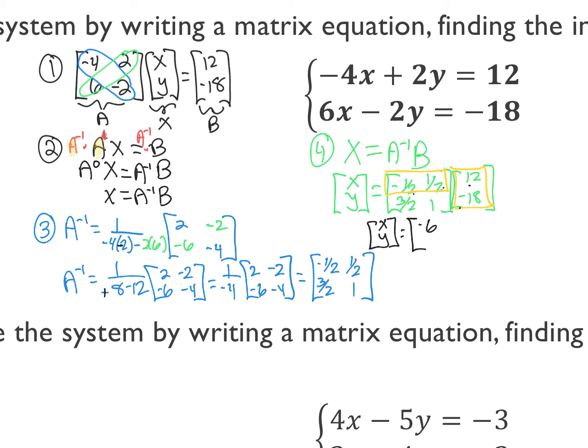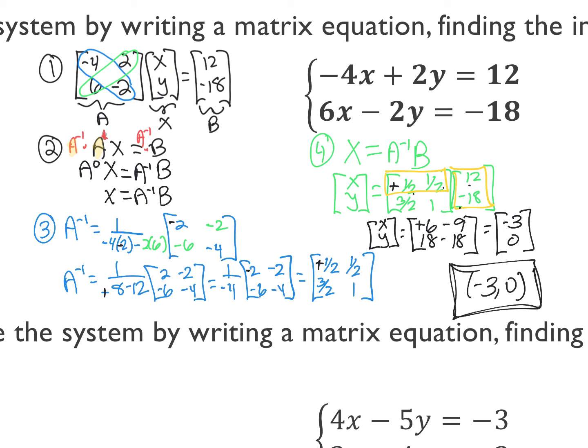Caught a dropped sign here, so we just have to clean these up. And then this would be positive 6. Okay, and then minus 9. 3/2 of 12 is 36 over 2, which would be 18. And minus 18. So this will give us a solution of negative 3, 0.